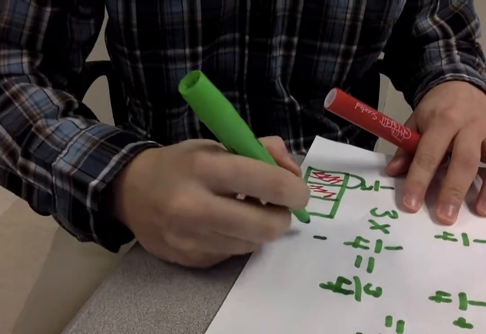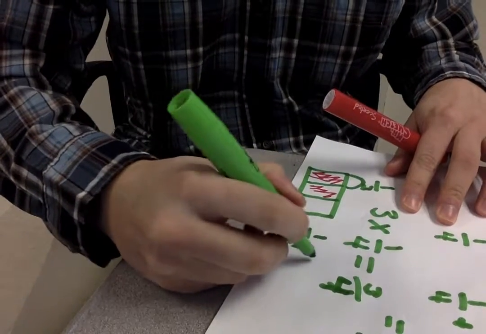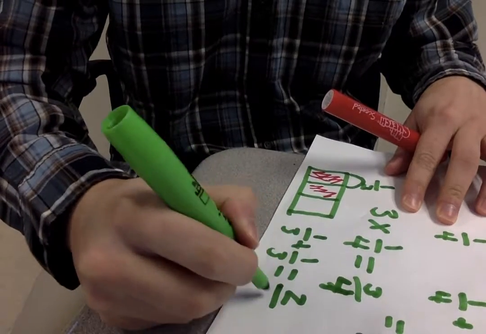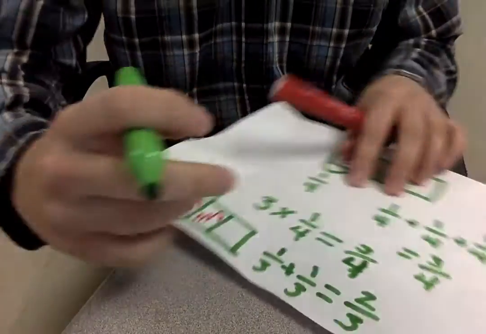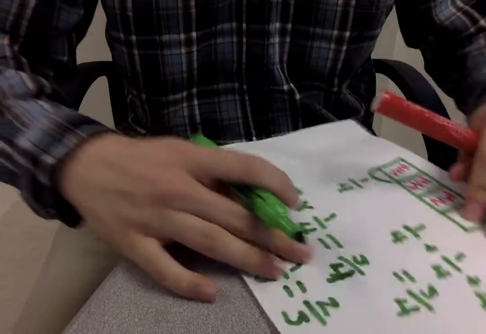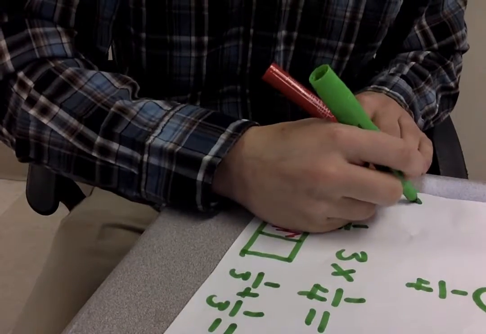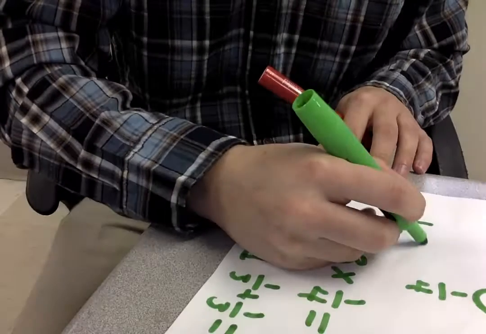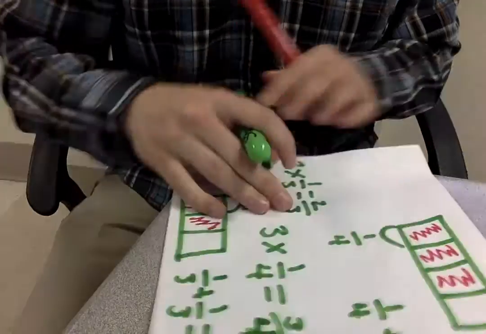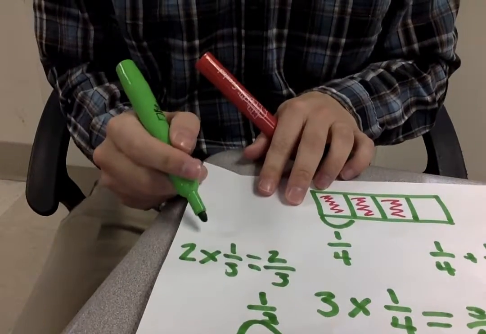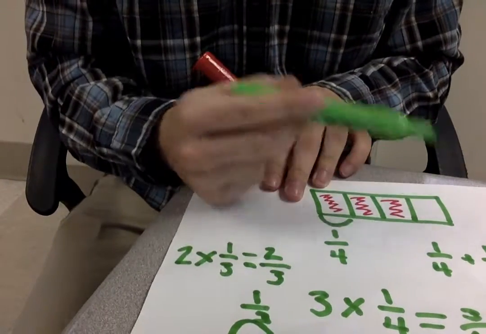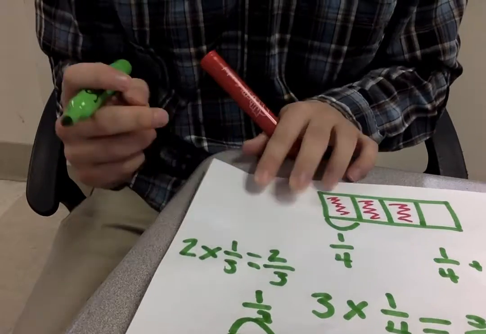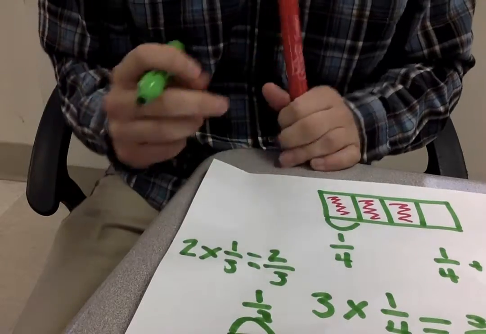I know that 1/3 plus 1/3 is equal to 2/3. But using my knowledge of multiplication, I could also say 2 times 1/3 is equal to 2/3. Just like with addition, our denominator doesn't change. It's our numerator that is changing when we are multiplying our whole number by our fraction.